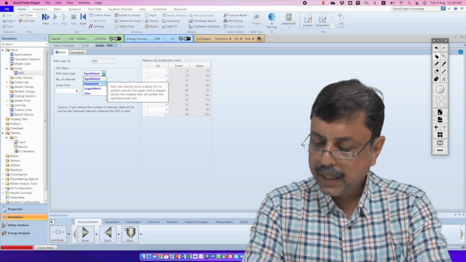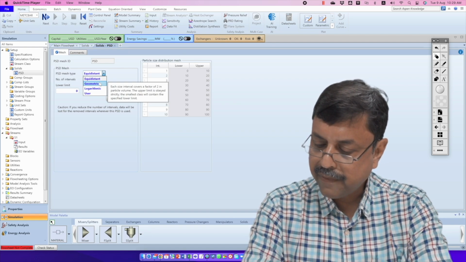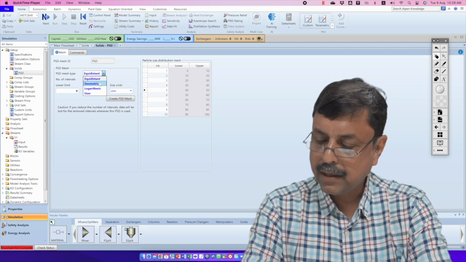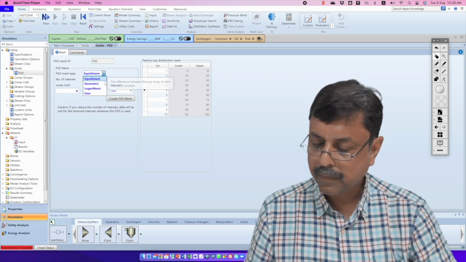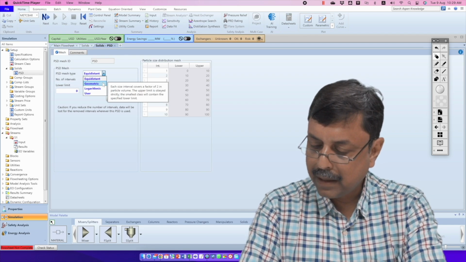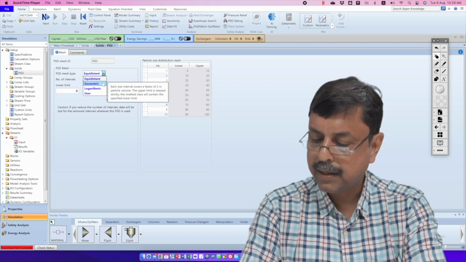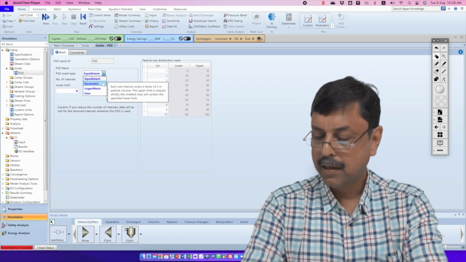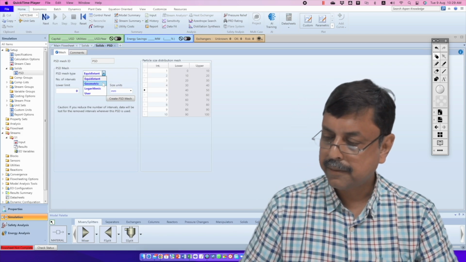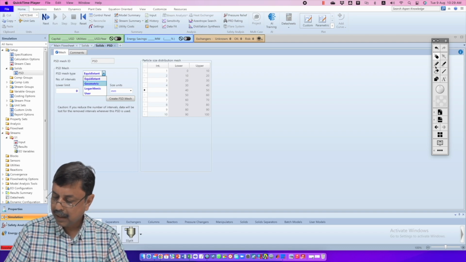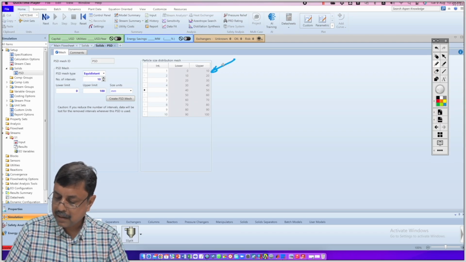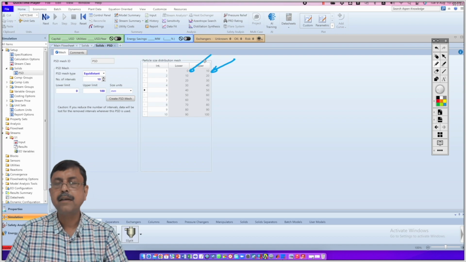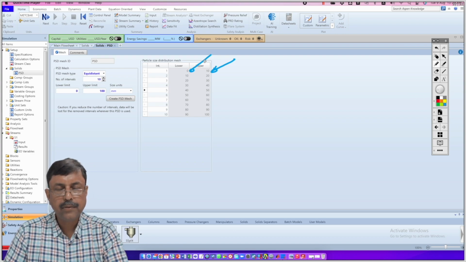It means each interval covers a factor of 2 in particle volume. The upper limit is obeyed strictly, the smallest class will contain the specified lower limit. What does it mean? It means the upper limit and the lower limit, the ratio of their volumes will be 2.